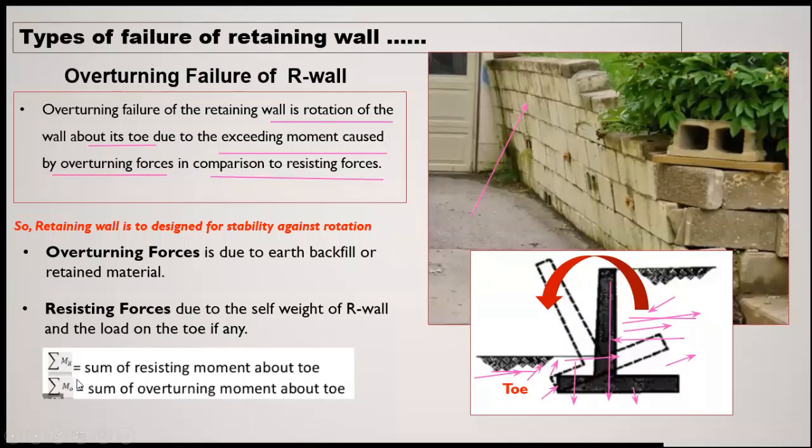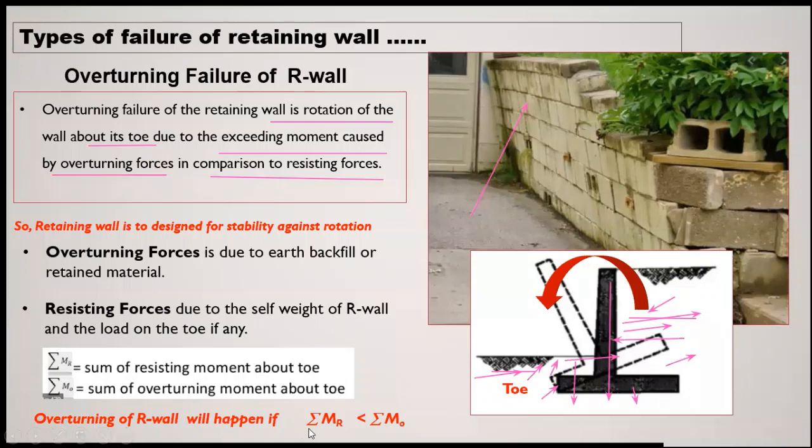So we have the summation of MR. Summation means the sum of the moments, that is, the sum of the resisting moments about the toe. I already told you that we will take point toe into consideration. So MR is the sum of the resisting moment about the toe, and M naught is the sum of the overturning moment about the toe.